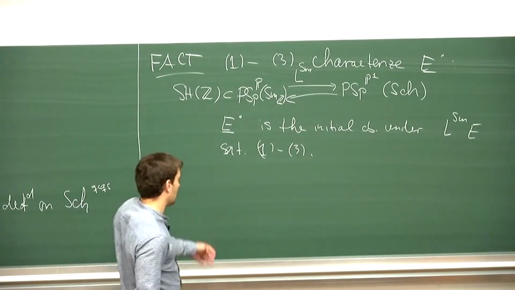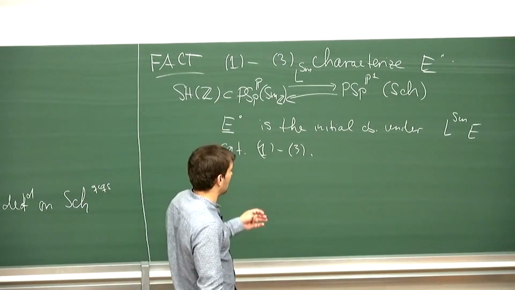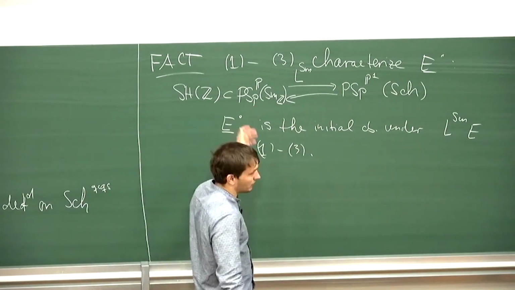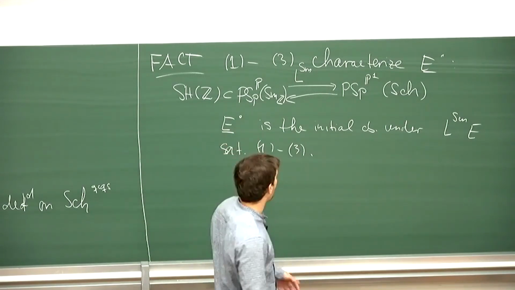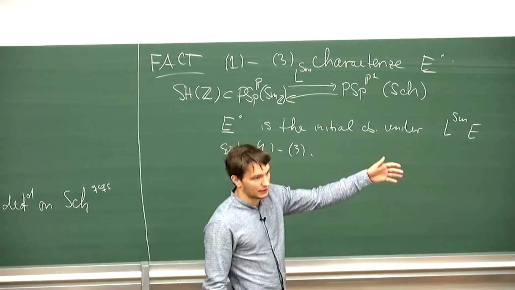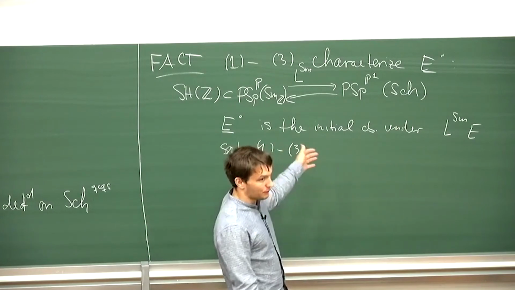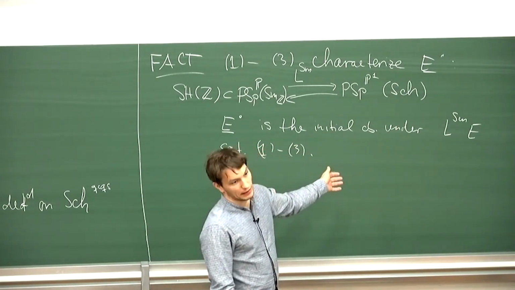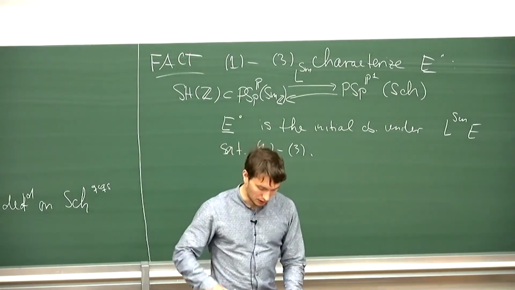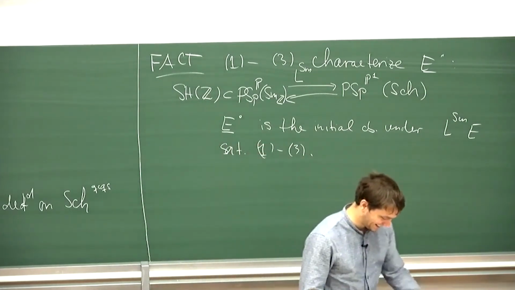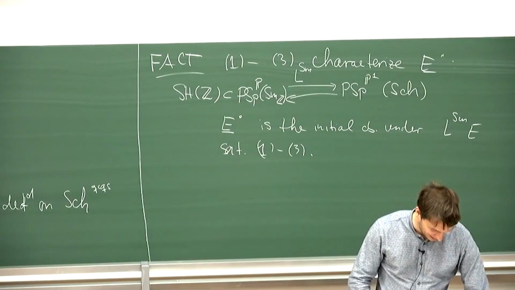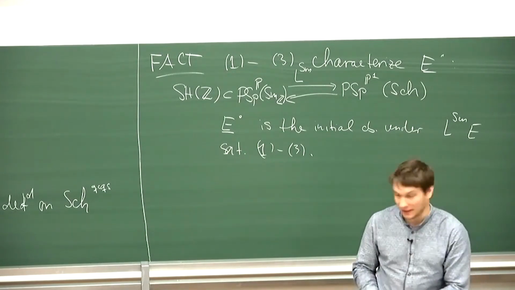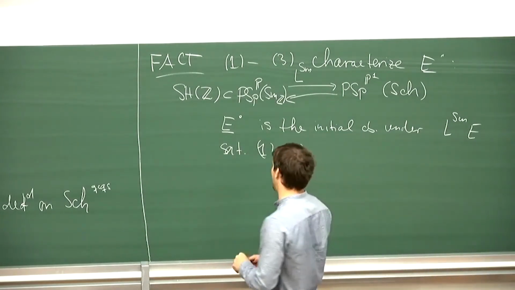Well, you take your higher Chow groups and you take your model for it, some sort of Bloch cycle complex over Z. You left Kan extend it to arbitrary schemes. You make it a Nisnevich sheaf. You make it A1 invariant. You spectrify it, and then that's the answer. Okay, so that's the end of the talk. Right. So I want to make it more reasonable than that. But in principle, that's what we're after.